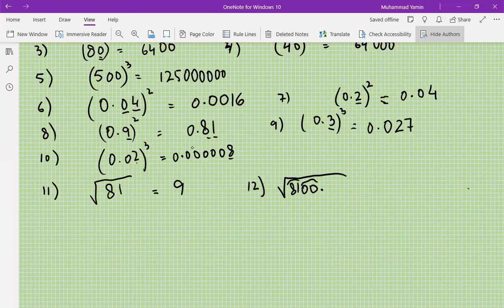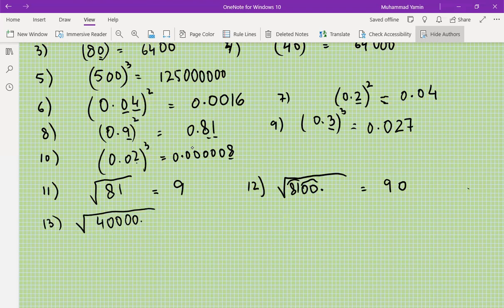For every pair, there should be one square root, meaning if 2 zeros are there, the square root of 2 zeros will be 1 zero. The square root of 81 is 9. Let's see, like this.